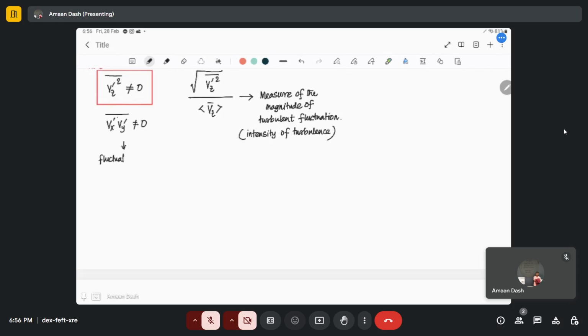The fluctuations in x direction is not independent from the y direction.